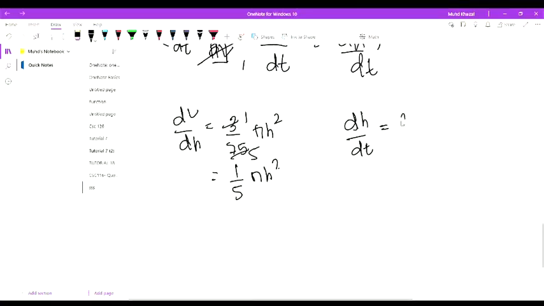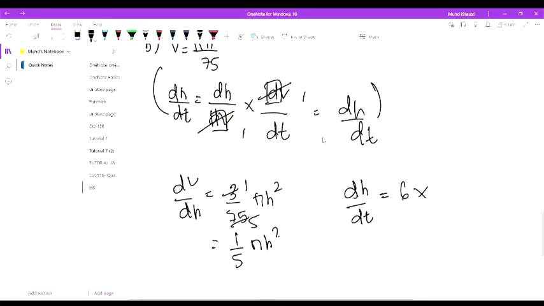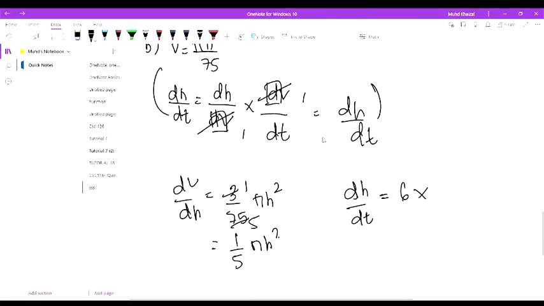So 6 times, okay, in this formula we write dH over dV, but we found dV over dH, so we need to transform it into dH over dV. We write it as 1 over 5 pi h squared. Now we solve this equation.